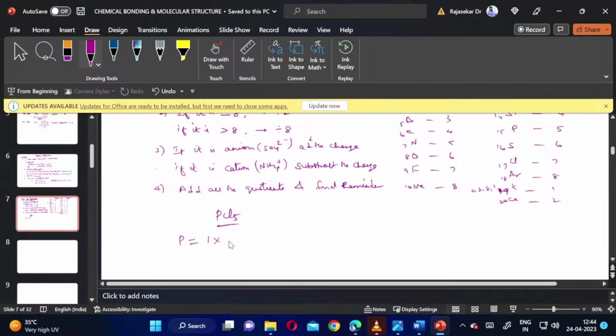So 1 into 5 is 5. Chlorine: we have 5 chlorine atoms, so 5 into its valence electrons.